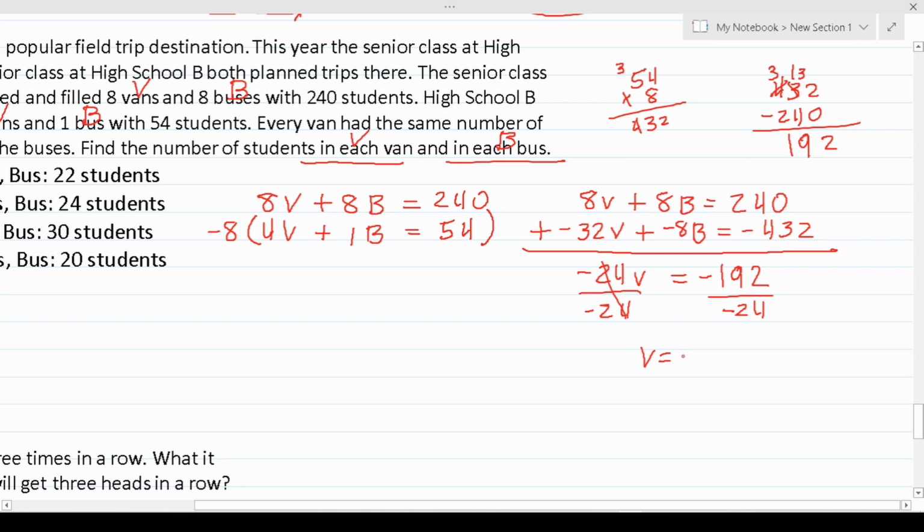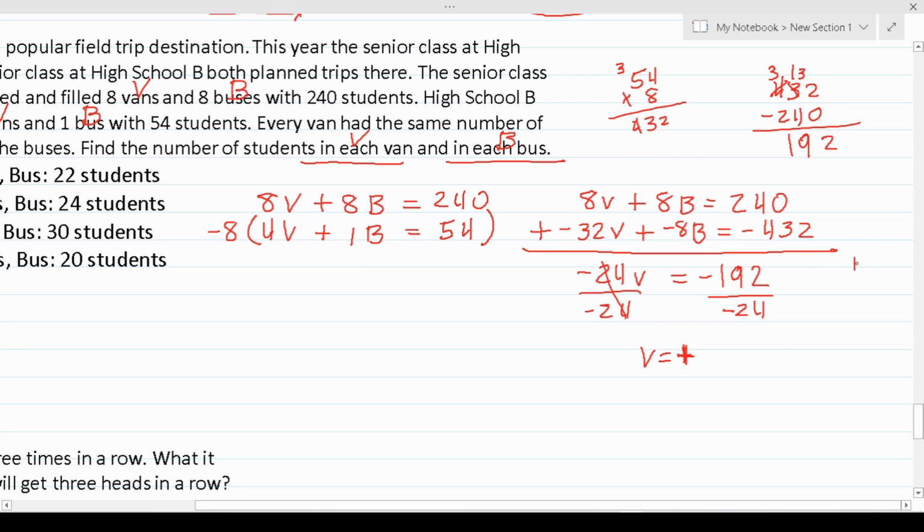This becomes v equals -192 divided by -24. Now, this is where estimation can come in. First, let's point out that negative divided by negative is going to be positive. So this is going to be positive. But that said, I know 25 goes into 200 8 times. Therefore, I know 24 is going to go into 192 about 8 times.